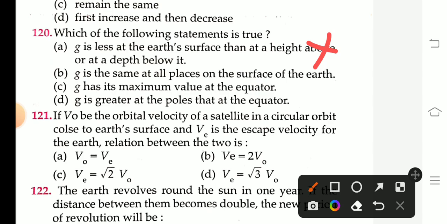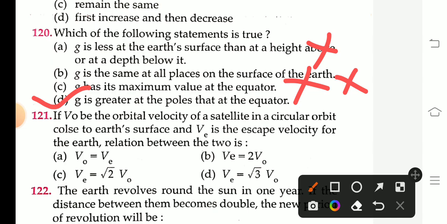G is the same at all places on the surface of the earth. Hmm. G has its maximum value at the equator. G is greater at the poles than at the equator. Right.